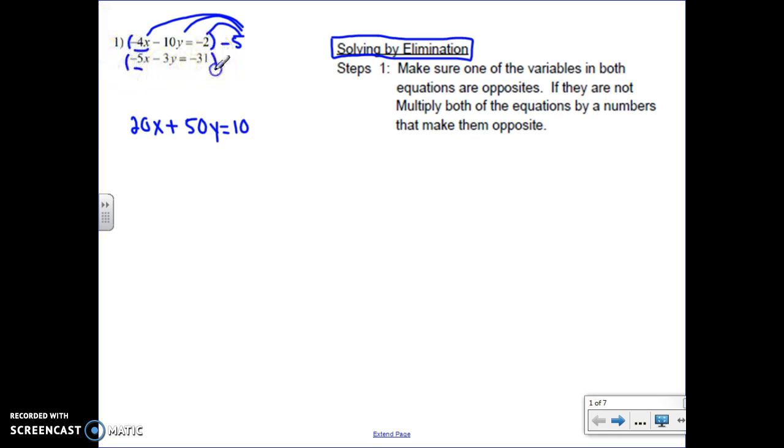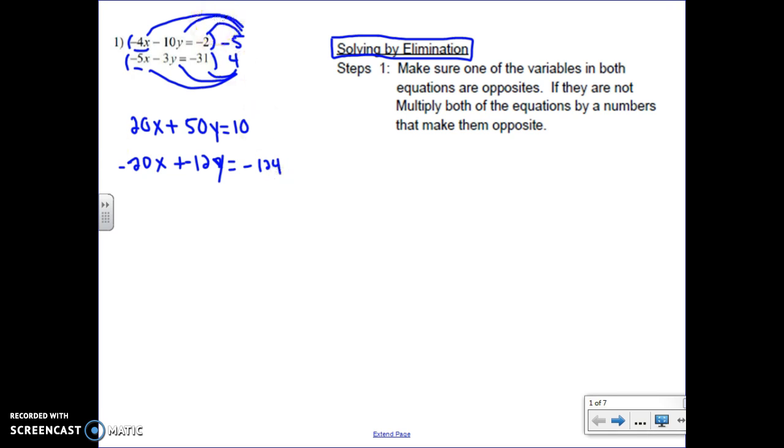I'm going to multiply this equation by 4, and I'm going to take 4 through all of them. So I get negative 20x plus negative 12y, and that's going to equal negative 124.